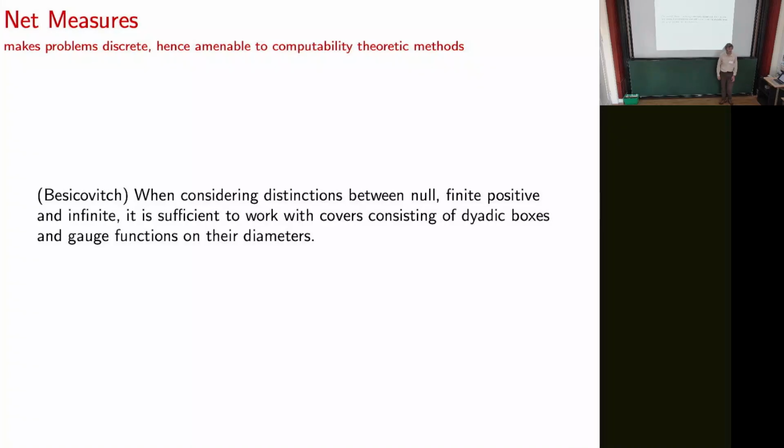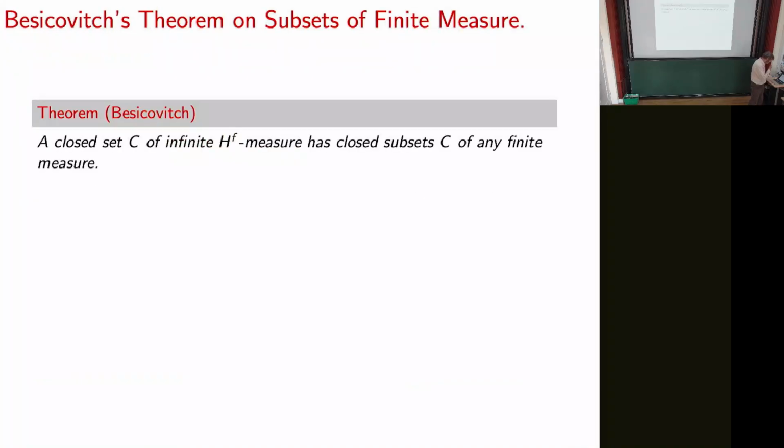That's the kind of stuff that we work with all the time. We call those, 2 to the n, we call reals. So you can move to a context where computability theoretic methods are applicable.